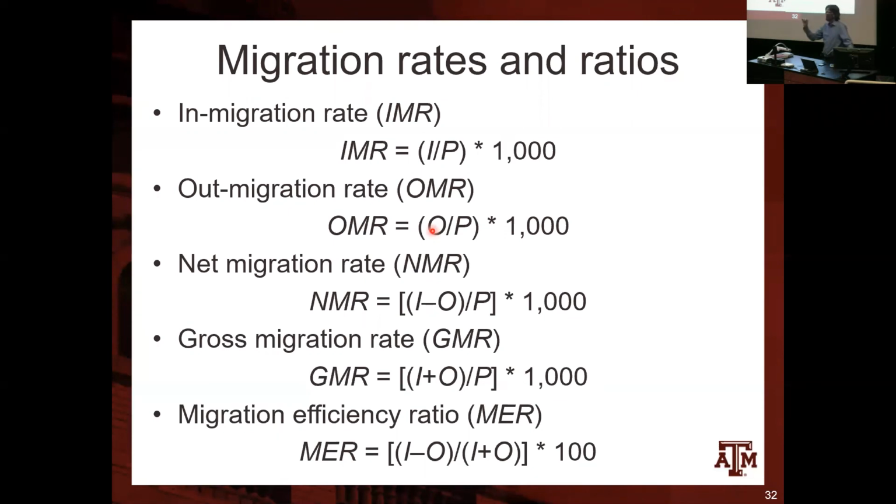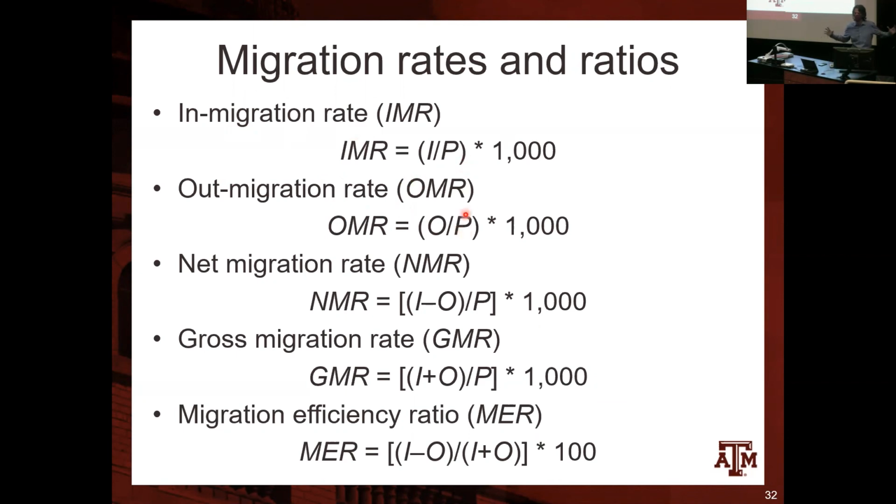In demographic terms, what's the most correct rate of migration among these two that I just explained? In migration or out migration rate? Out migration. Because what is usually the denominator of a formula in demography?